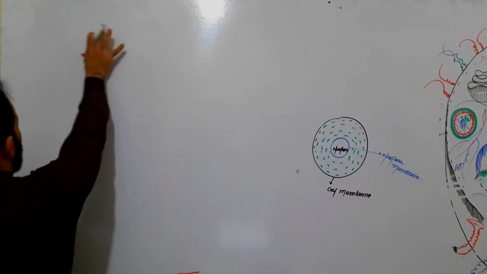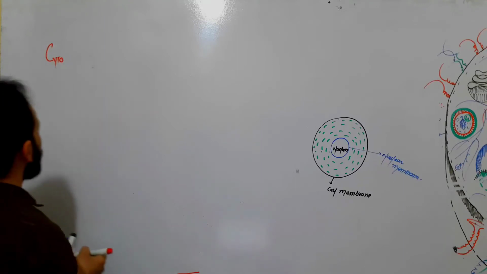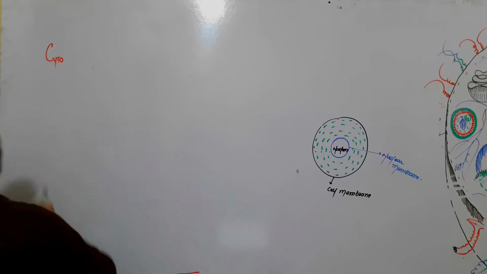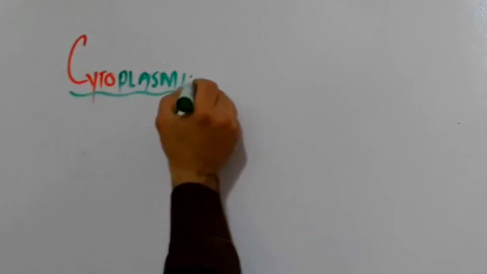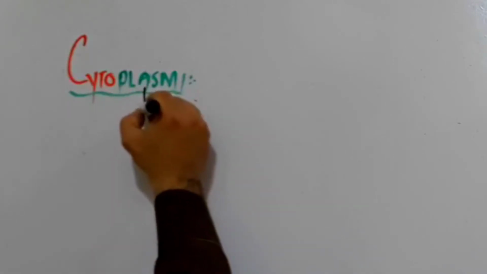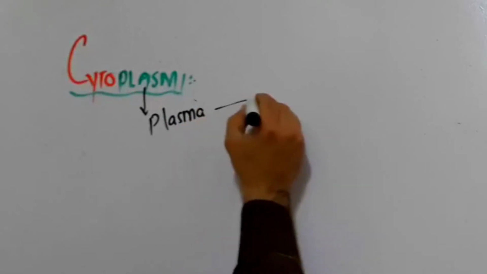Okay, so let me write it here. Cyto means cell, right? And plasm has been taken from plasma.